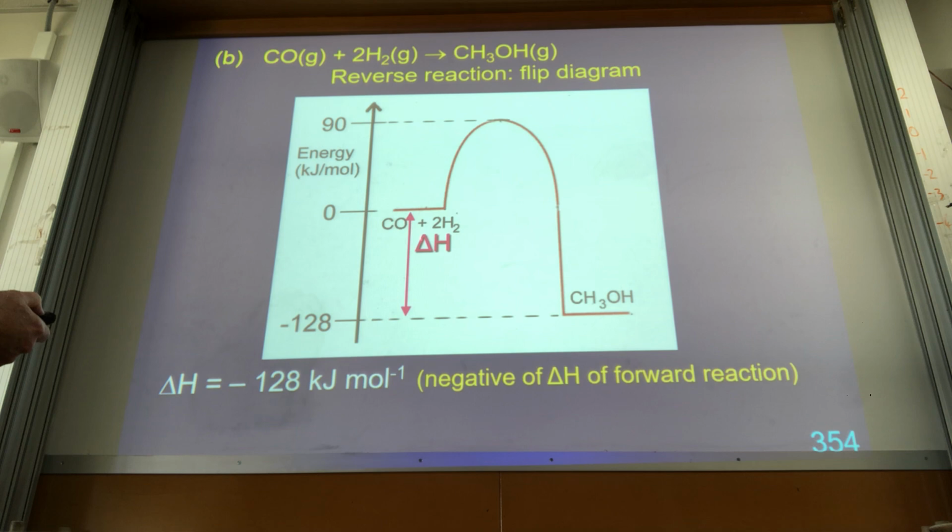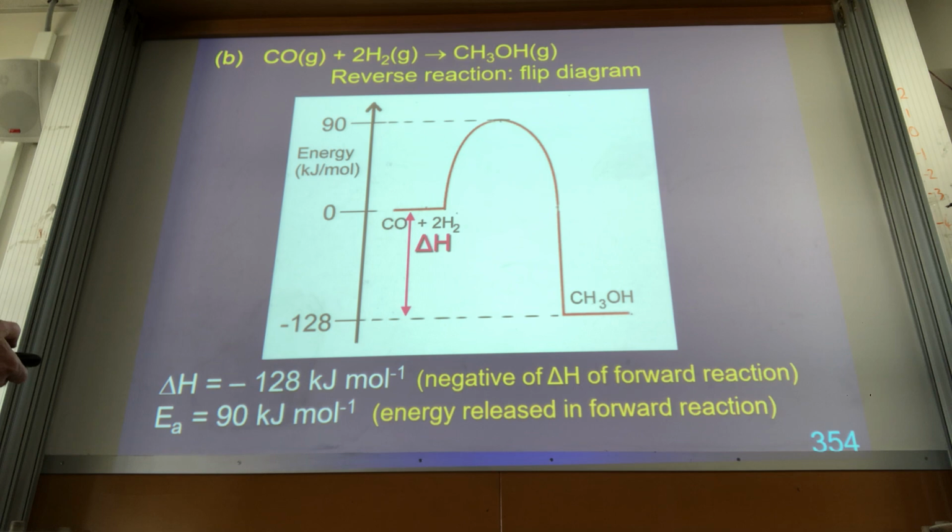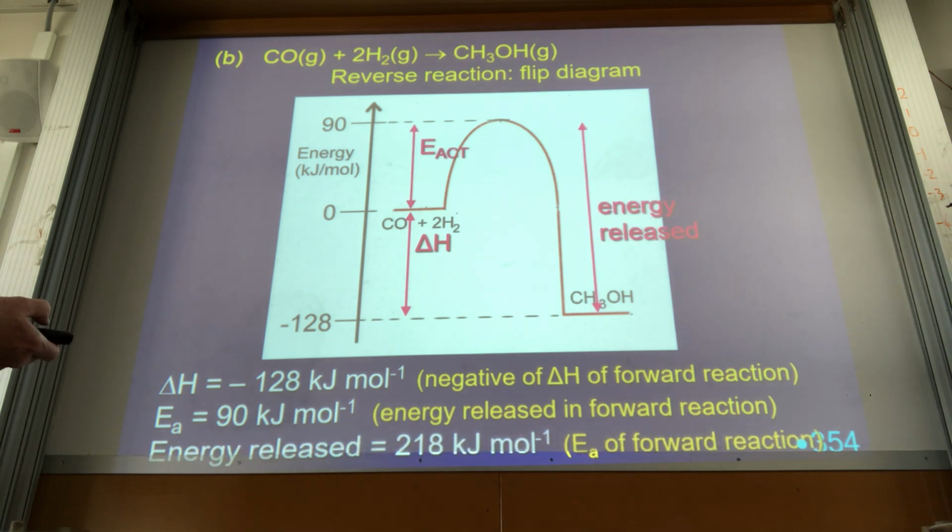Delta H is now negative 128 kilojoules per mole. It's gone from being endothermic to exothermic. Activation energy, the height of the initial hill, is 90 kilojoules per mole, and the amount of energy released when the new bonds form is 218.